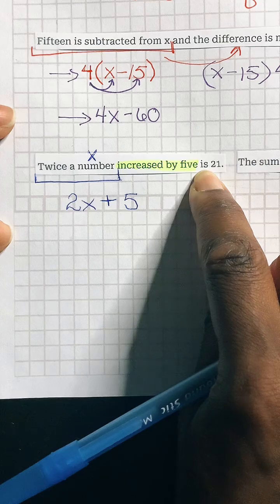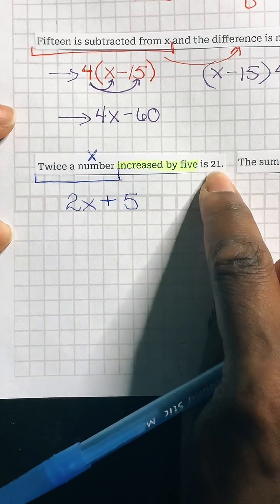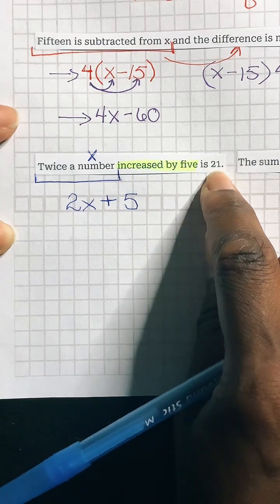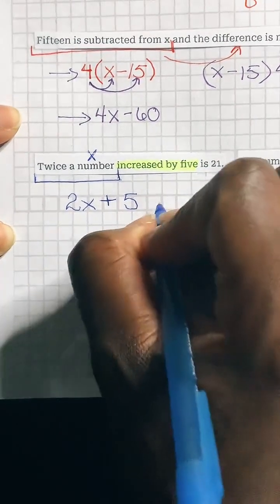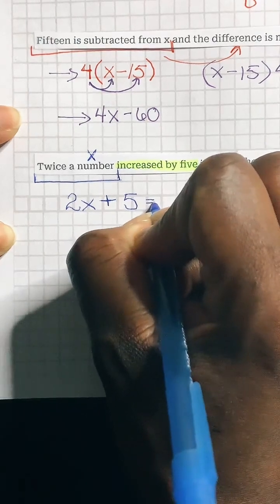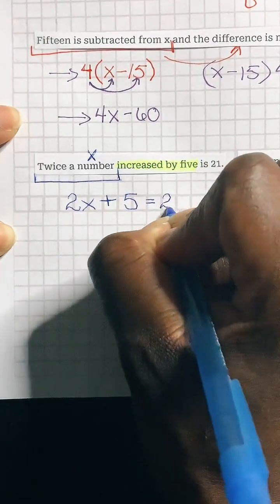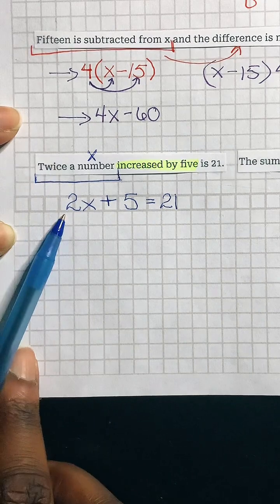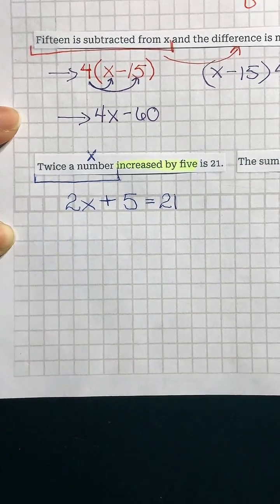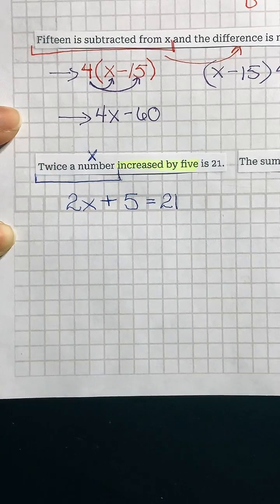Caitlin thinks it's equals. I love it. So equals 21. All right, good. So you just created an equation. You went from verbal to algebraic. You should be cheering yourselves on. Cheer yourselves on.